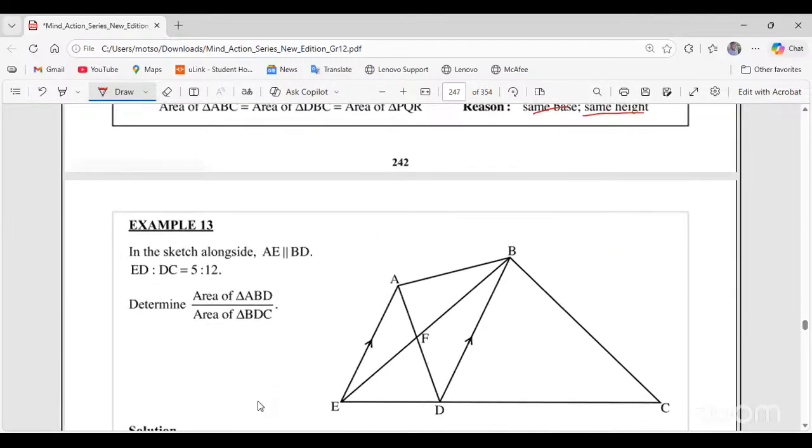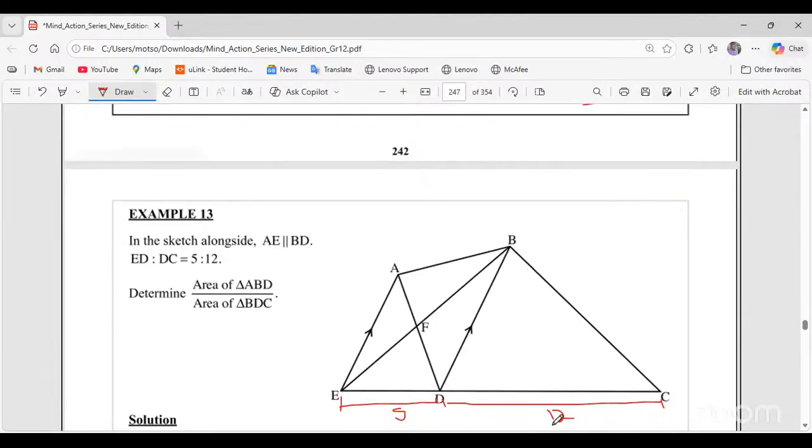Here they are saying we are given the sketch alongside such that the line AE is parallel to BD. Then we are given ED is 5, and DC is 12. Now let's see what we are required to find and how we can play around with our ratio.